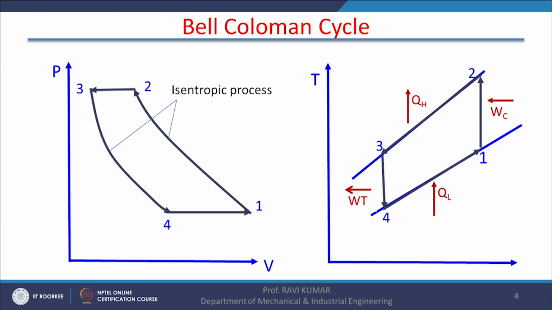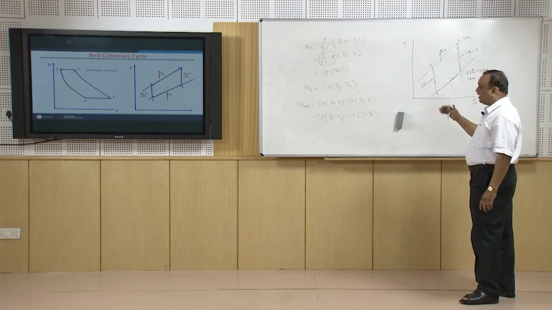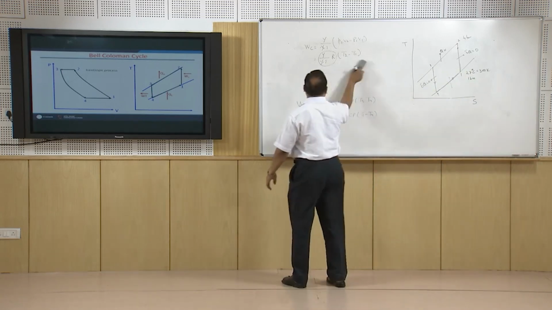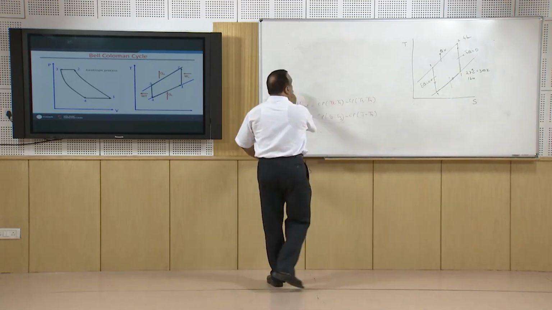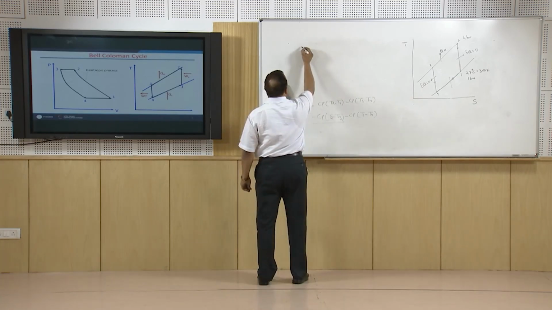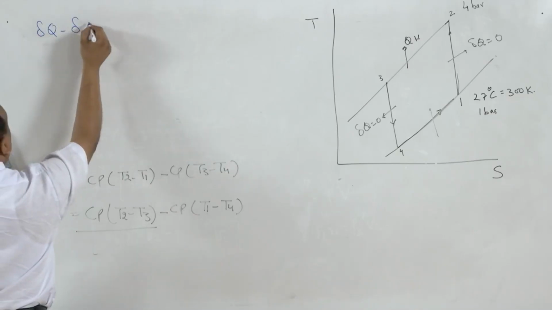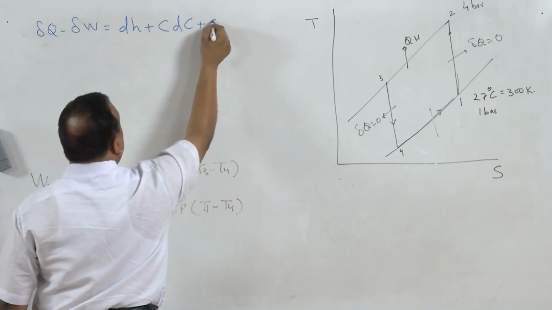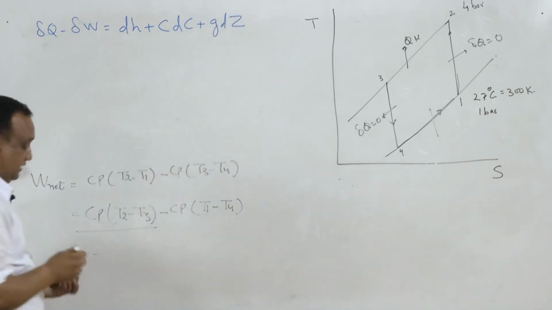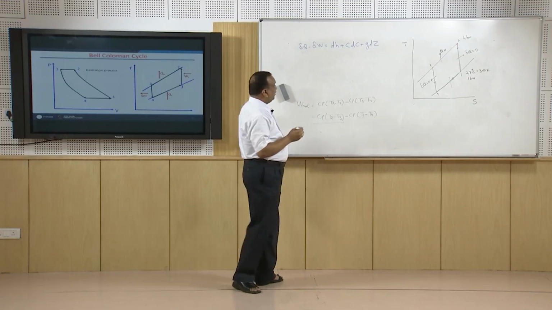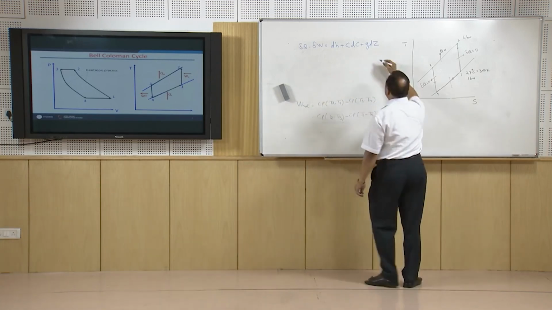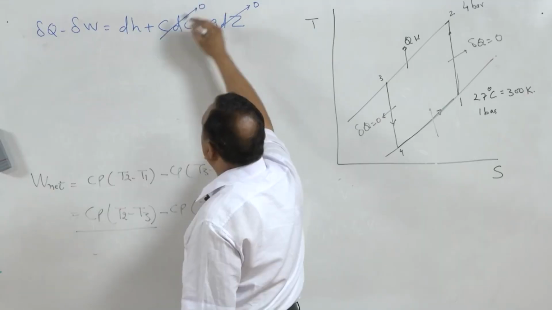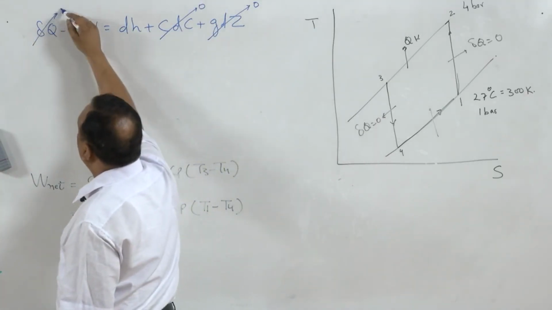I have already discussed two ways of finding the net work. There is another method also, if you use the first law of open system. The first law of open system states that in an open system, delta Q minus delta W is equal to dH plus C dC plus G dZ. Now, in the case of the compressor, the change in potential energy can be considered as 0, the change in kinetic energy is also 0, and for an isentropic process there is no heat transfer.